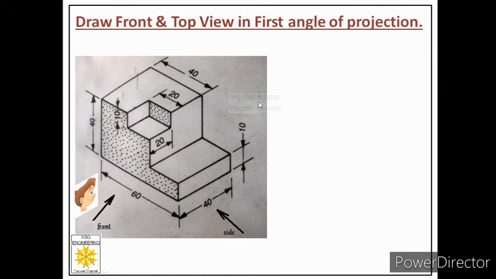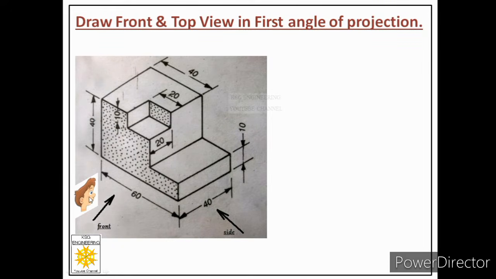In the lecture on the quadrant system, we have learned that the sequence in first angle of projection is: first we have the observer, then we have the object, then the plane of projection is behind the object. So in this case, if we are looking at this object from this side, then we have to satisfy the same sequence.